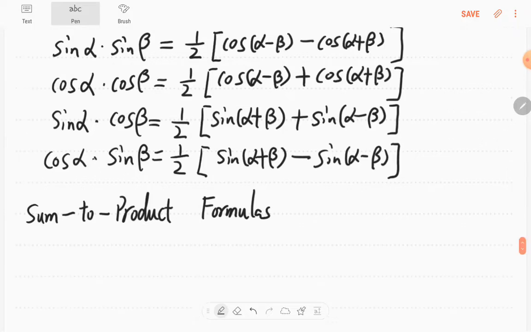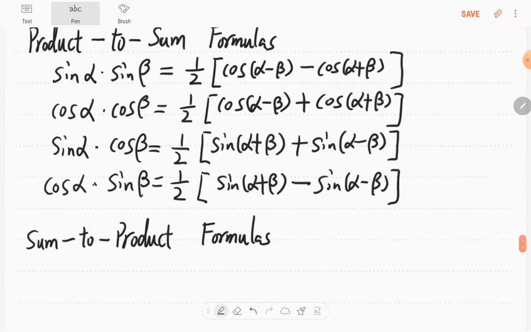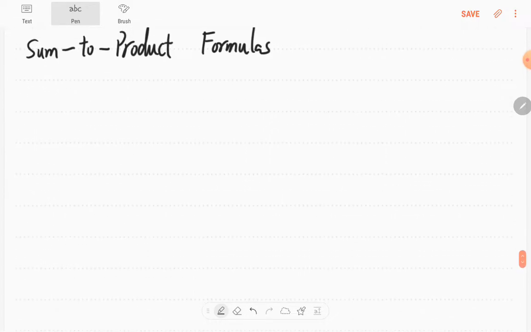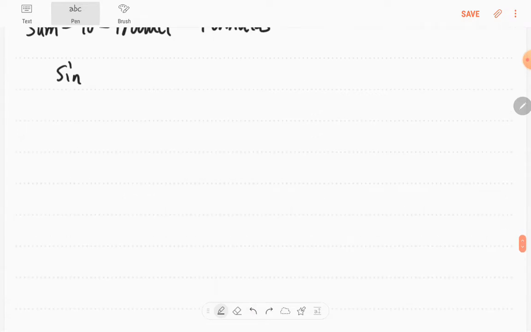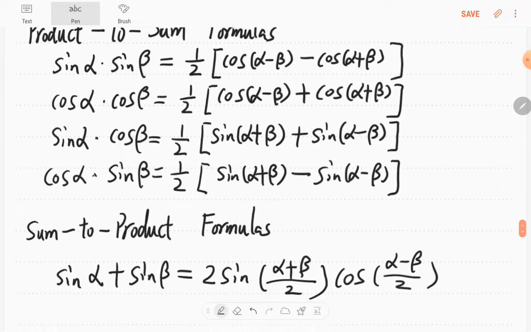So it's just like reversing the formula for the product to sum. Then we can get the sum to product, which is sine alpha plus sine beta is equal to 2 sine alpha plus beta divided by 2 times cosine alpha minus beta divided by 2, right?